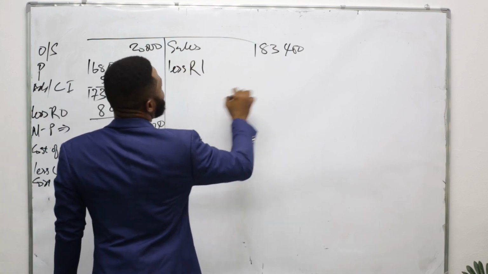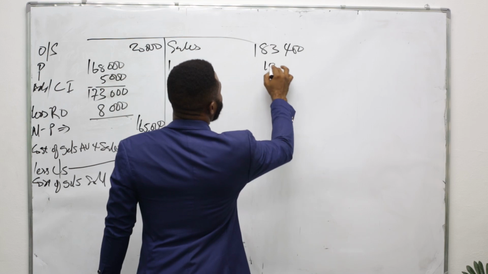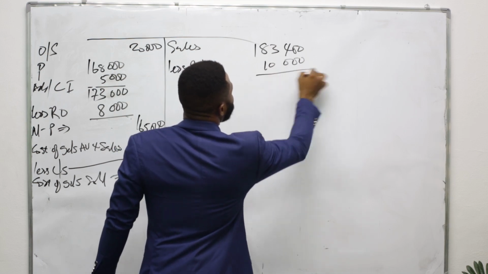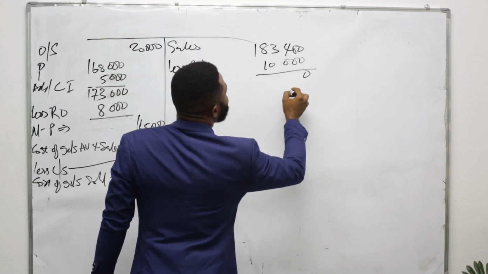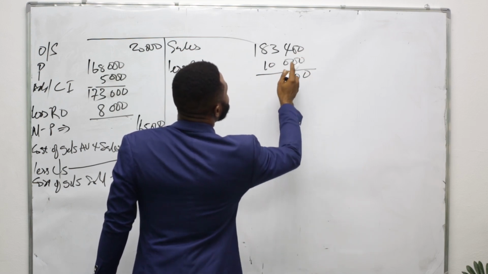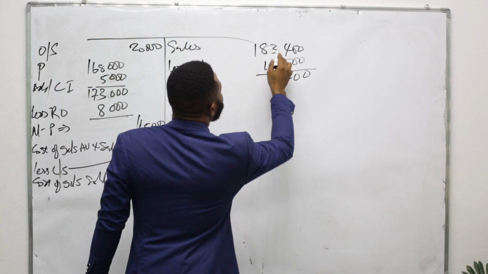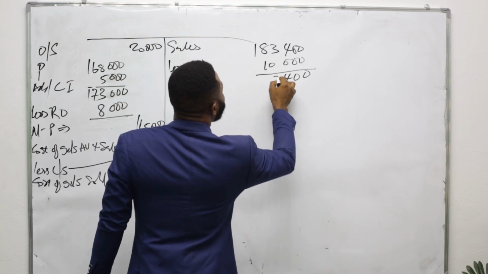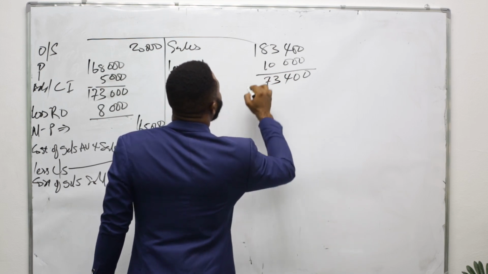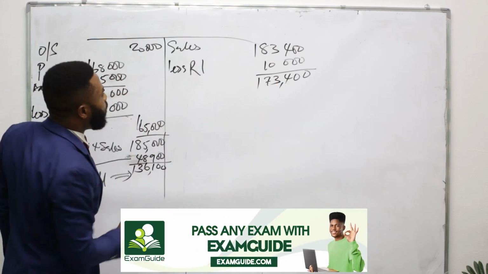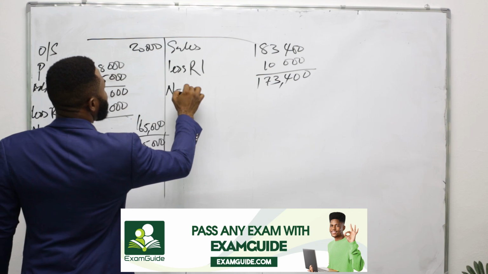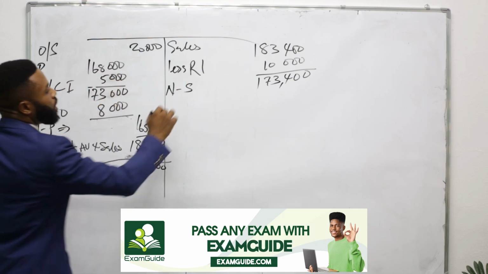So you are going to subtract this from here. 0, 0, 4, 3, 7, and 1. 173,400. That is your net sales.